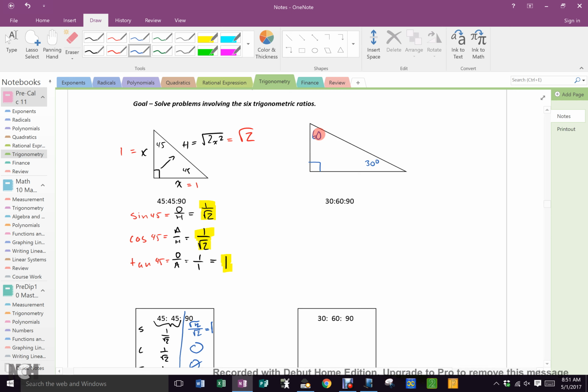Okay. So in a 30, 60, 90 triangle, what is the simplest number we can use to mess around with it? 1. Where should I put the 1? Right here. Why? Because it's the shortest side, yes? Everyone agrees, right?